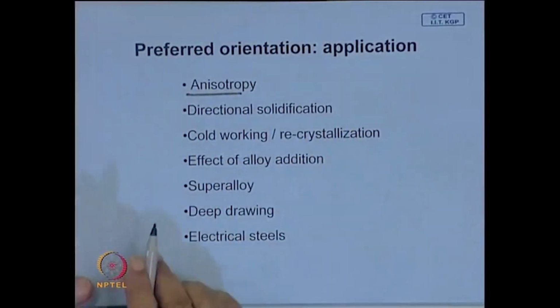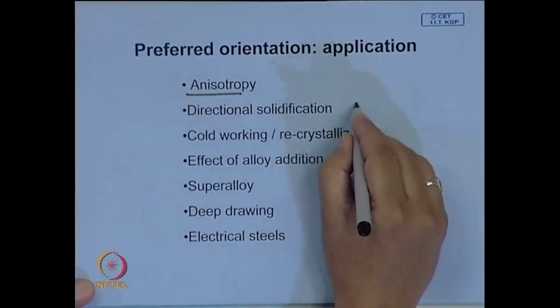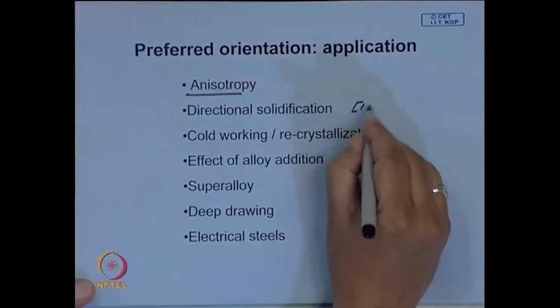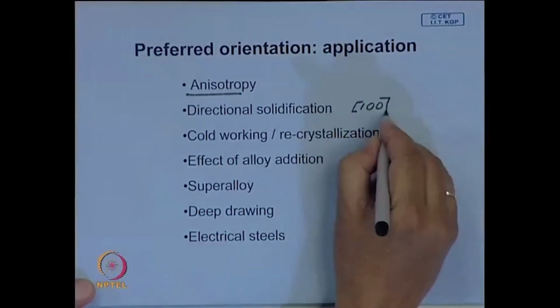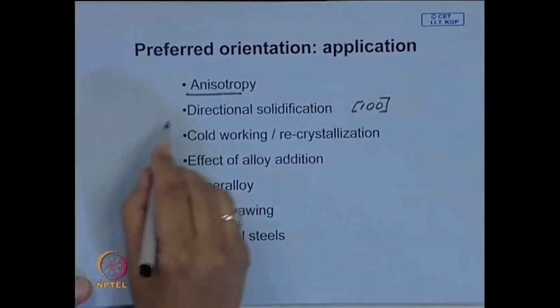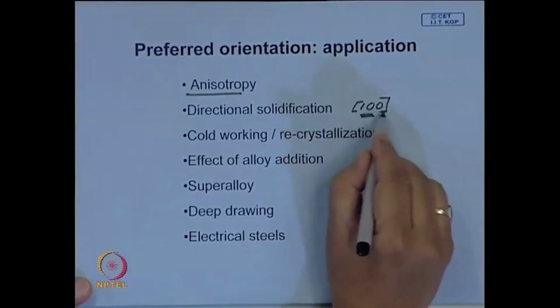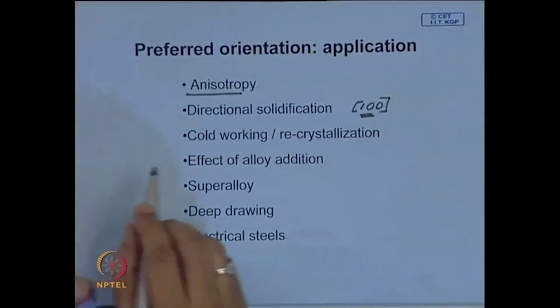For example, in cubic crystals, particularly face centered cubic, which is the bulk of the alloys that we use, in many of these cases it is the cube direction along which the growth rate is maximum. So, therefore, it is quite easy to produce crystals having this kind of texture or preferred orientation.